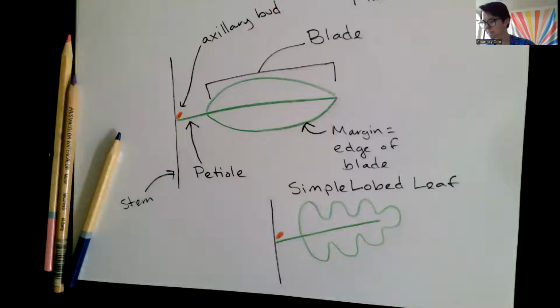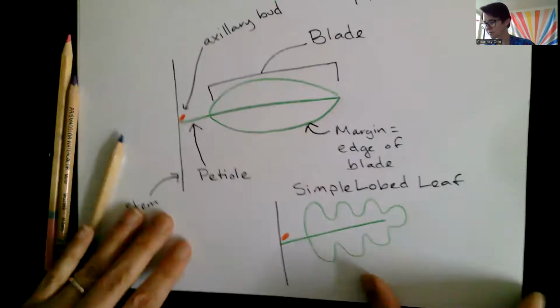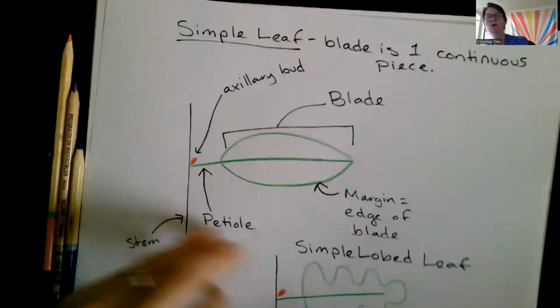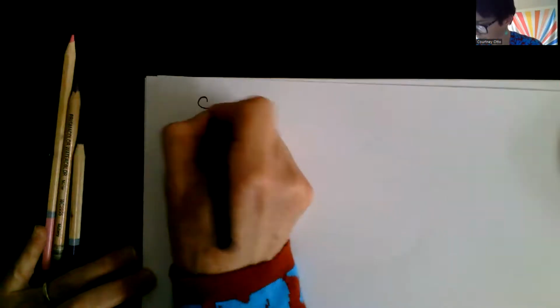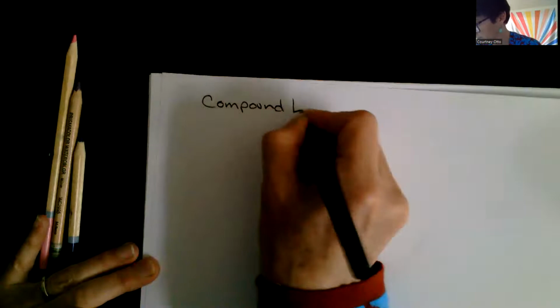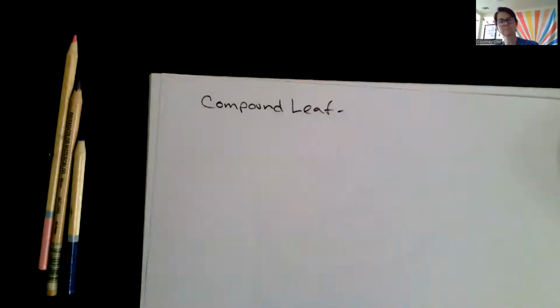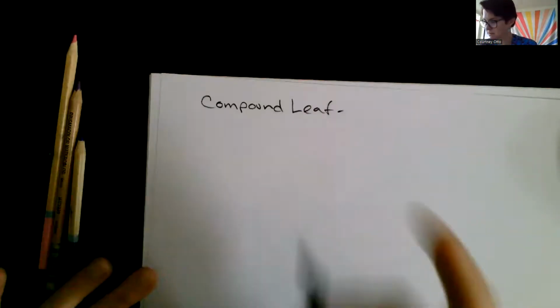Let's see a few more. Well, not all leaves are going to be simple. Some leaves are going to be what we call compound. And in a compound leaf, that blade is going to be divided into segments.